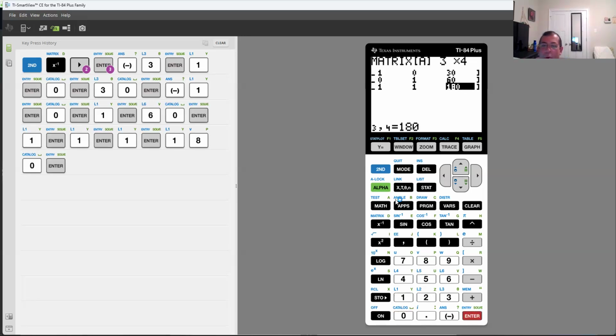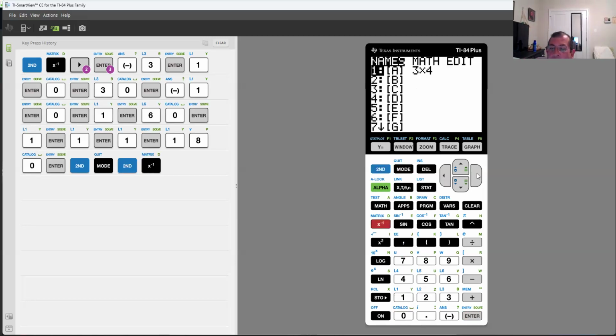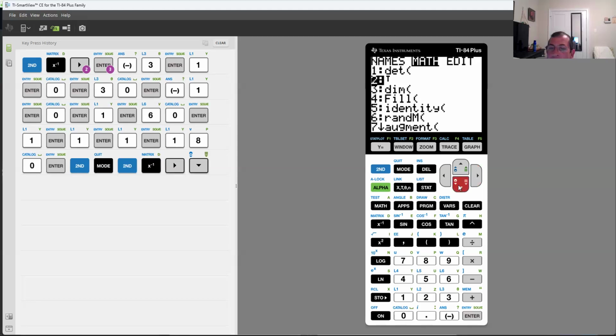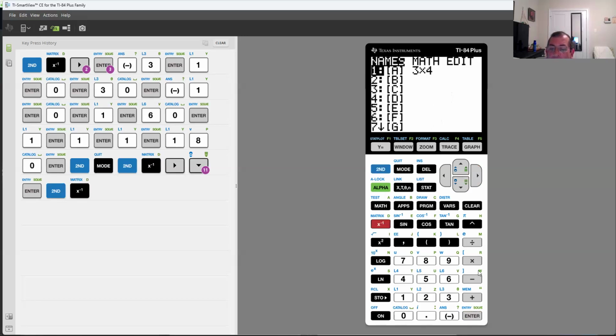So now I'm going to quit the screen by hitting second mode. All right, y'all, then I'm going to go second x -1, arrow over to math, and go down and get that RREF again. And enter, and then I'm going to go get my matrix by hitting the second x -1 and enter.